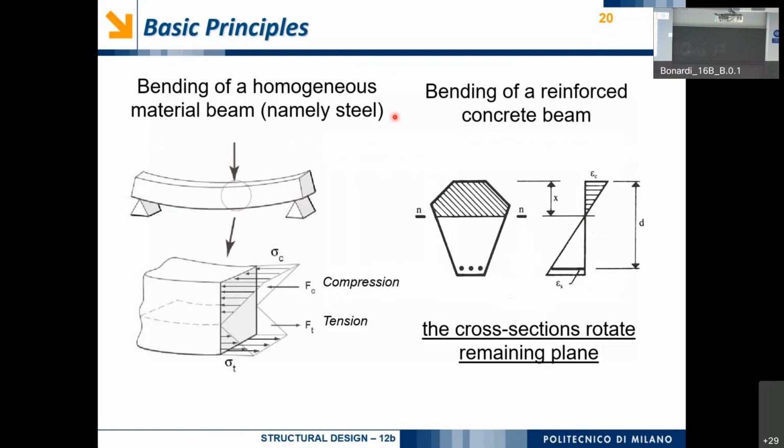It means that we can consider all these parts completely cracked. So here we have some material that is resisting, here we don't have anything. So we may have some crack that reaches this level.